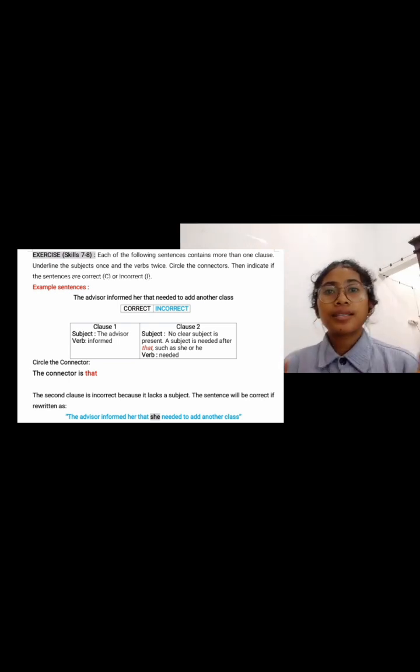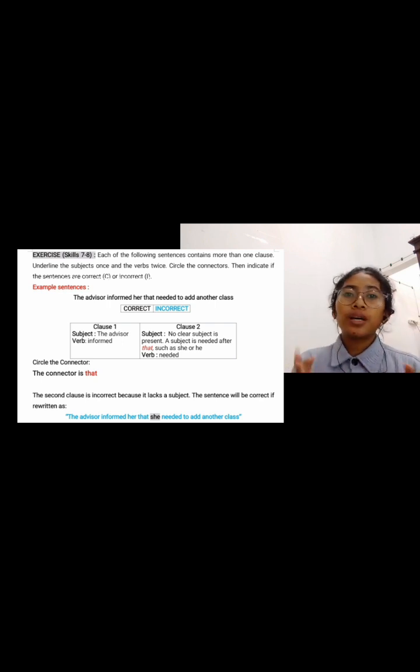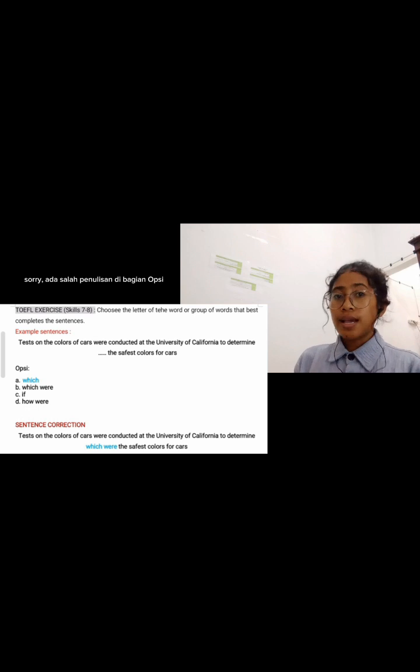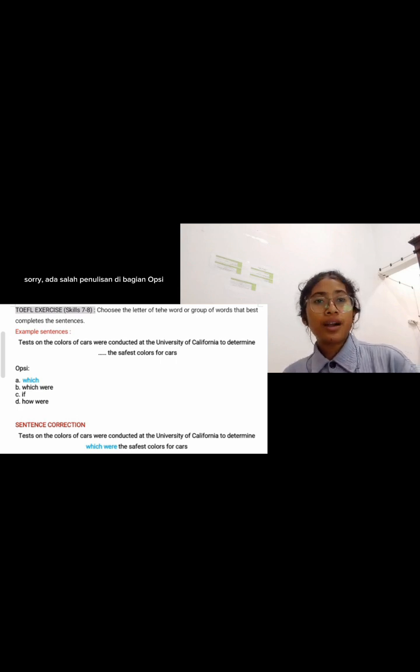TOEFL exercise skill 7 to 8. Choose the letter of the word or group of words that best completes the sentences. An example of the sentence is as follows: Tests on the colors of cars were conducted at the University of California to determine blank the safest color for cars.